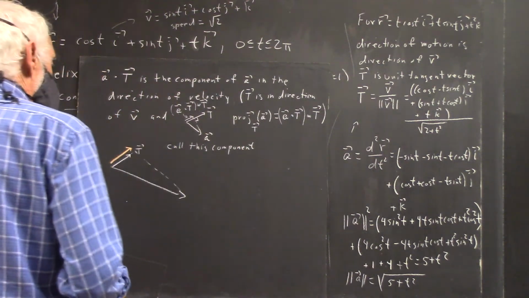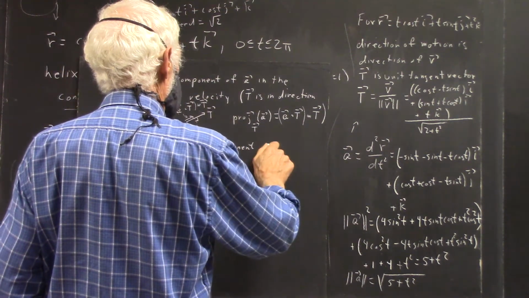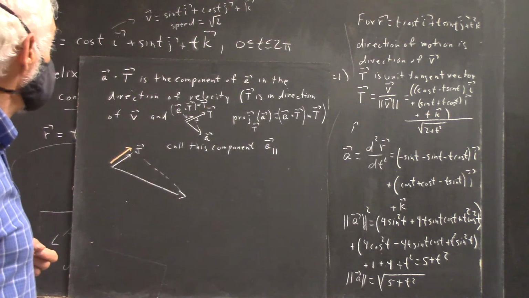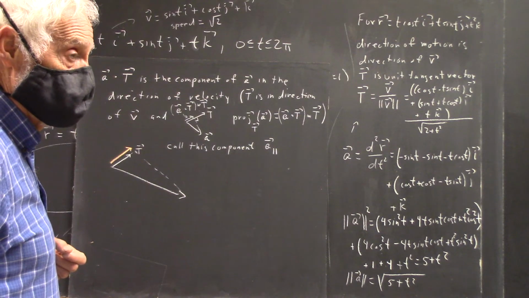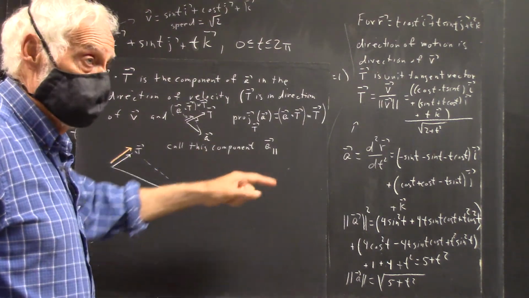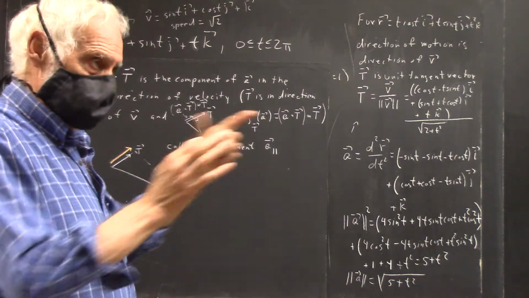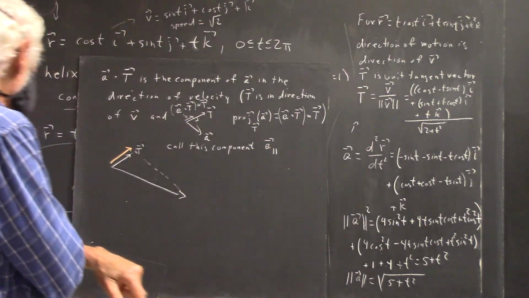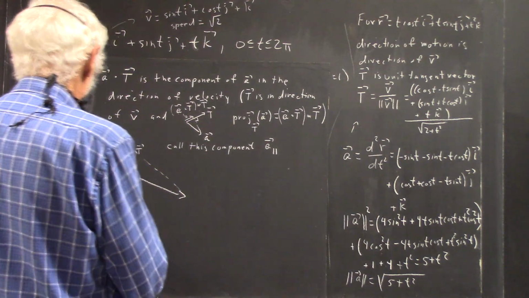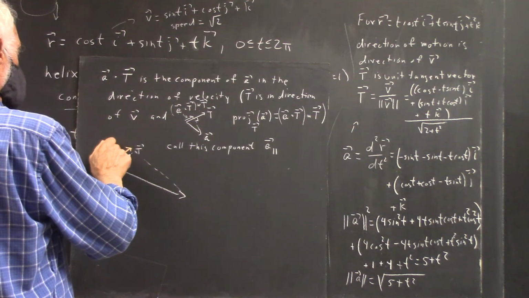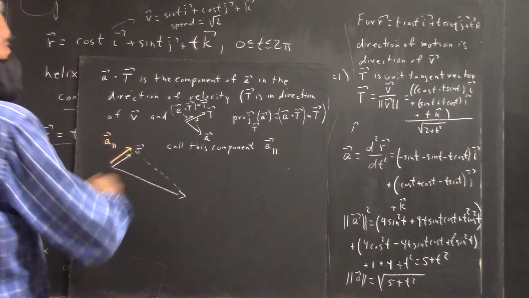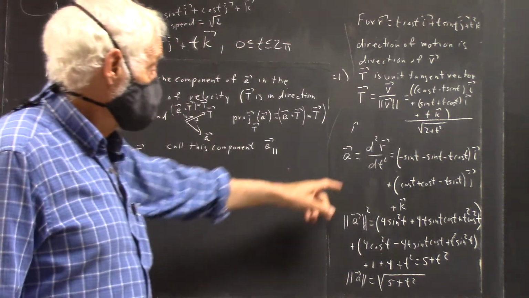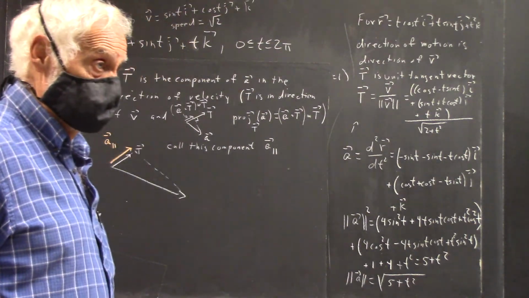We're going to call this component A parallel, the component of acceleration parallel to motion, which means the component of acceleration in your direction of motion. That should be clear. So now here's A parallel, which we now know how to calculate, provided we can calculate A.